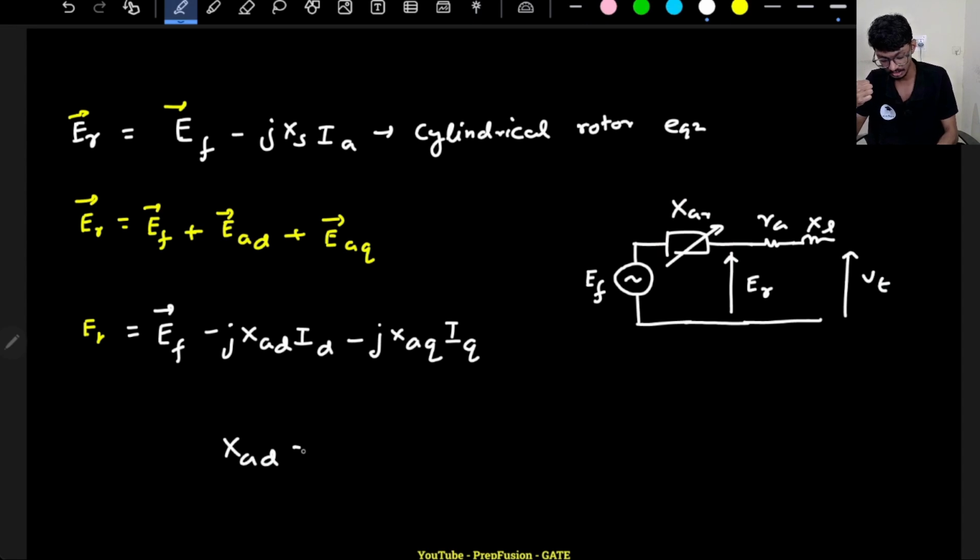So your XAD will be equal to XAD dash plus X leakage. Okay, leakage reactance will be constant throughout, it does not matter, it mainly depends on the flux linkage, right?